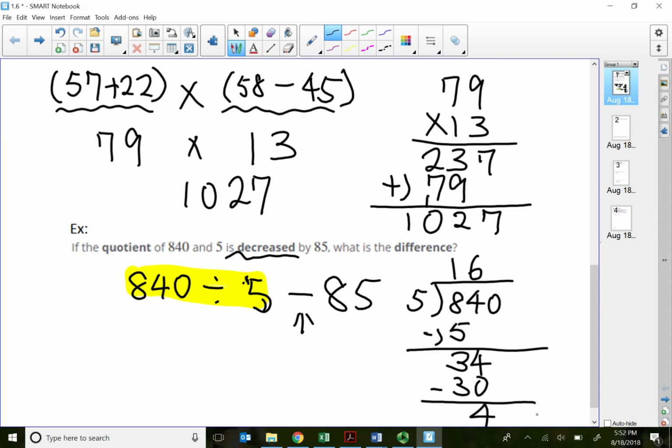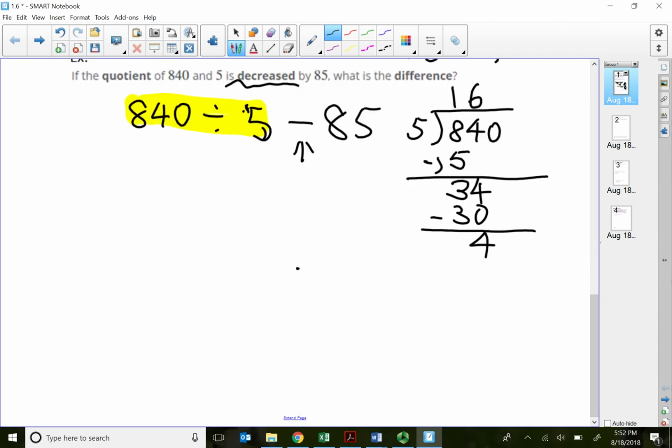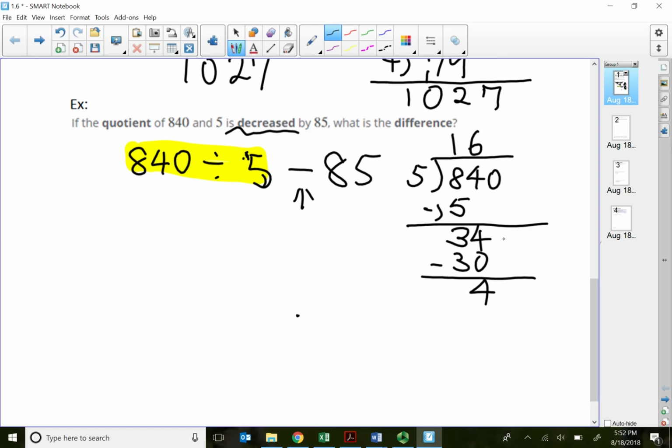Subtract. That's a 4. Bring down the last 0. 5 goes into 40 about 8 times. So that would be 40. All right, so the quotient of 840 and 5 is 168.